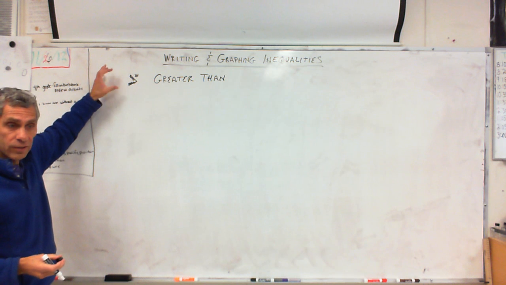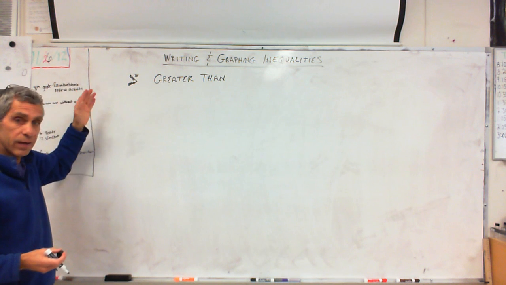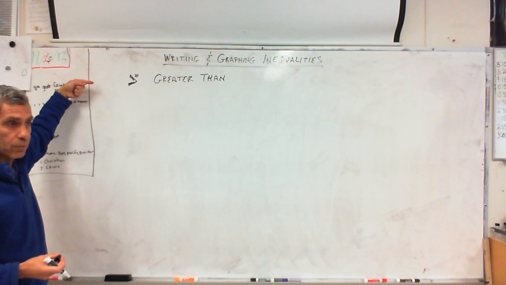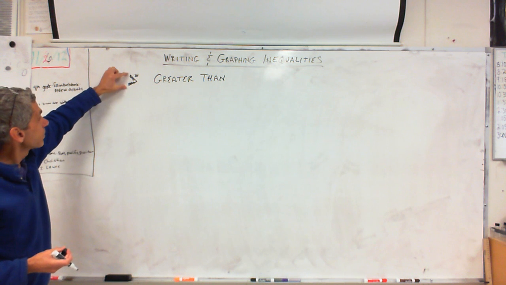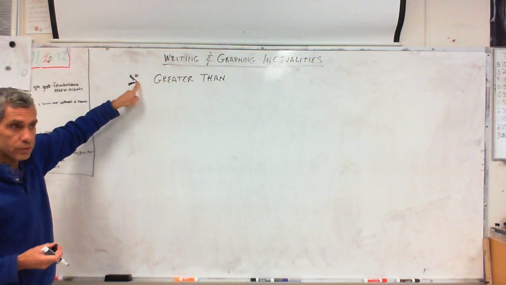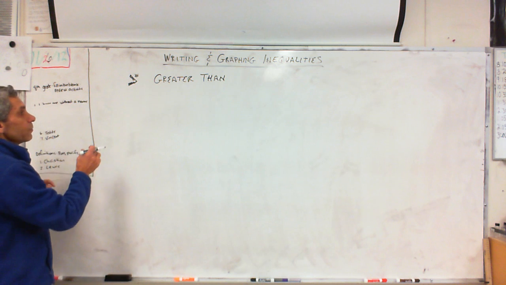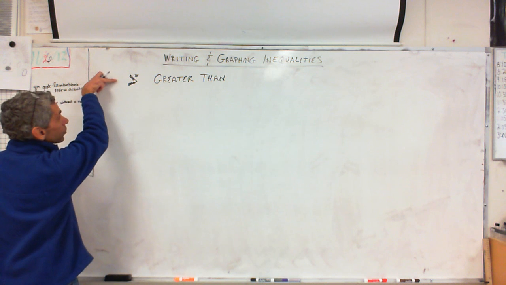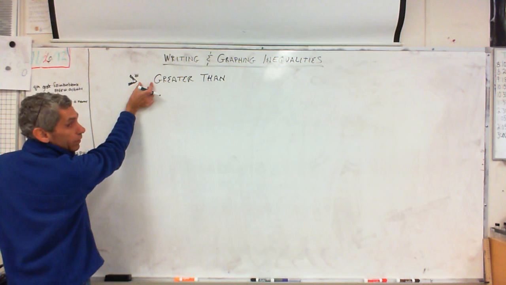Obviously the largest part of the mouth is the left side. So as you're reading from left to right, this is bigger than this. This is a huge opening, and this is a tiny little, almost nothing. That's where they come together. So as you're reading, you would say, this is greater than this.